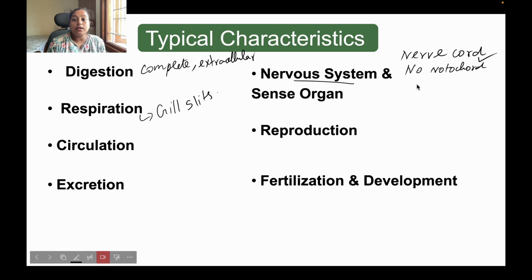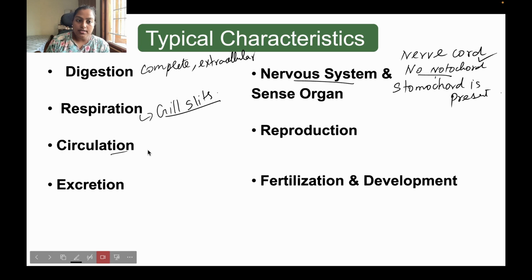But it will have something called stomochord. Stomochord is present. So can you see, it is not having a notochord like that of a non-chordate, but having pharyngeal gill slits like that of a chordate. So that is why it's called Hemichordata. Okay?